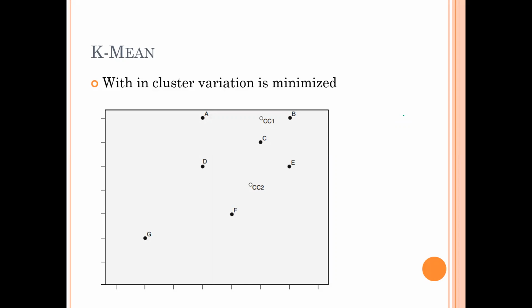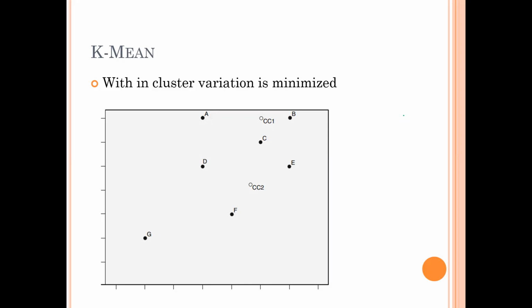And then I randomly assign two values. So how many values? Why 2, or why not 5? Why not 6? This is my choice. So we randomly assign, and how to decide that choice, I will come to that in just a minute. So let's say I decide on CC1 and CC2, two values.